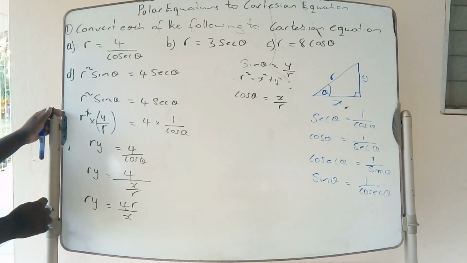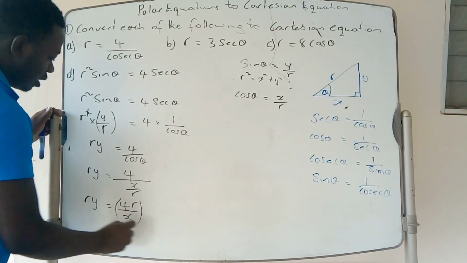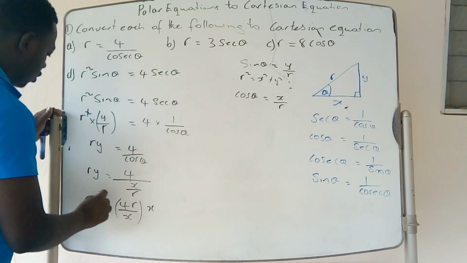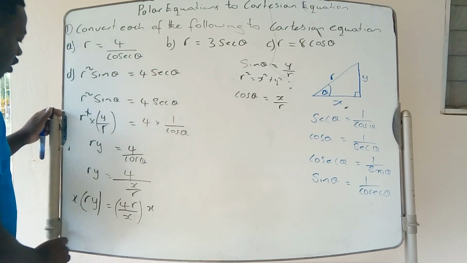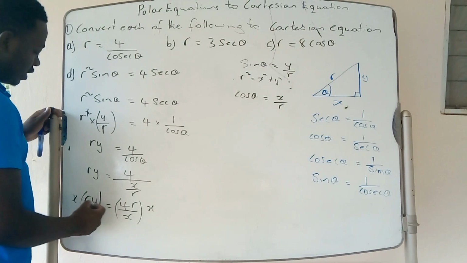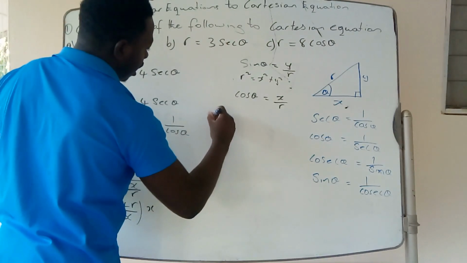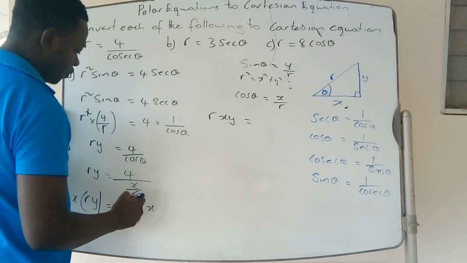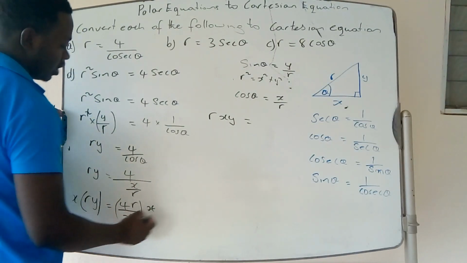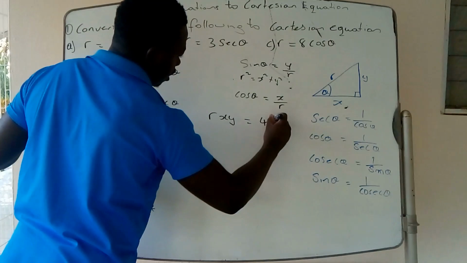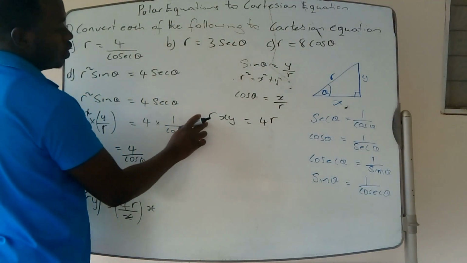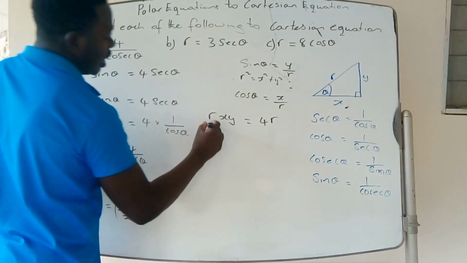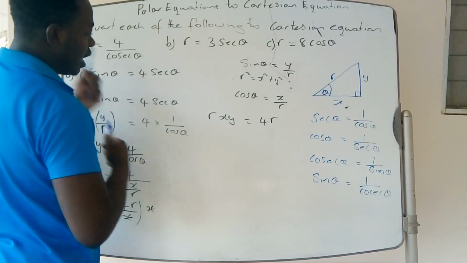Now, what can we do? We can multiply both sides by x. So on this side we're going to have rxy, which is equal to, this x will cancel out this x, 4r. Now we can just eliminate the r by dividing both sides by r.